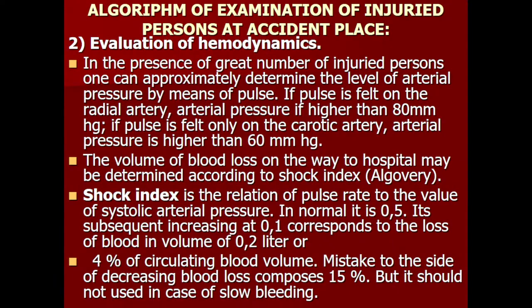What types of bleeding, or degrees of bleeding, do you know? There are 4 degrees. First, slow bleeding, not more than 5 milliliters per minute. If the patient has blood loss of 30 milliliters per minute, it is middle bleeding.